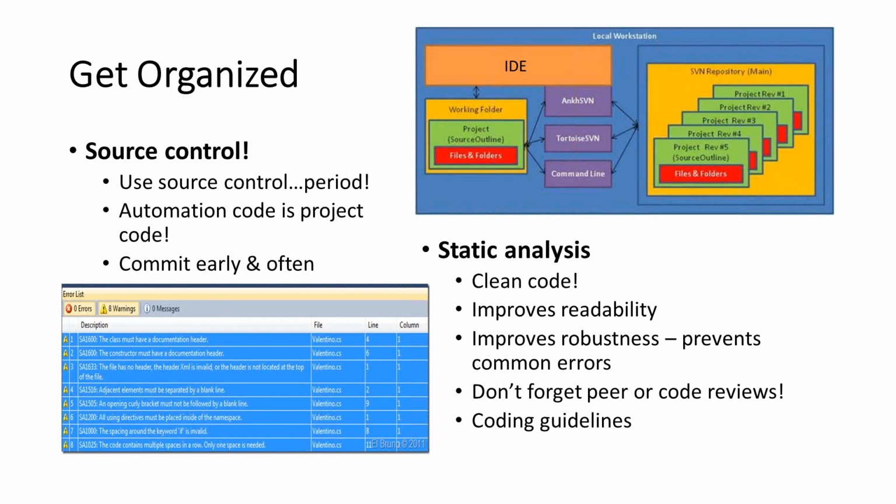We have to remember that the test automation code is one of the most tangible things. Just like test cases, it's one of the most tangible things that we as testers produce.